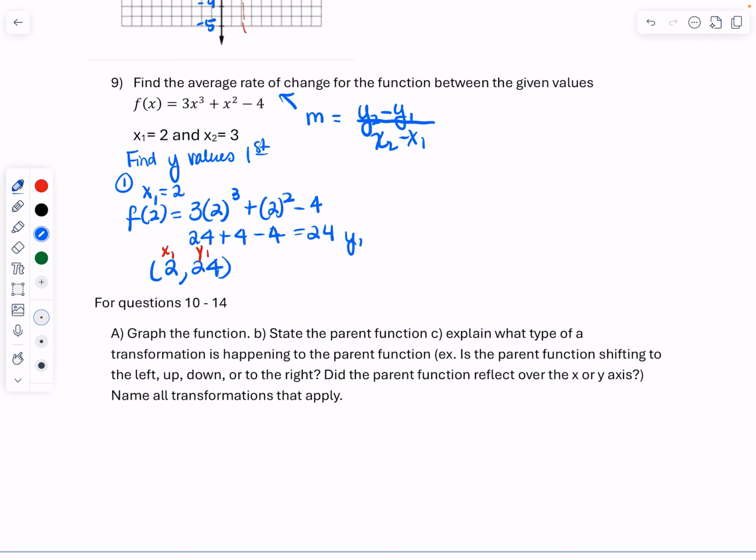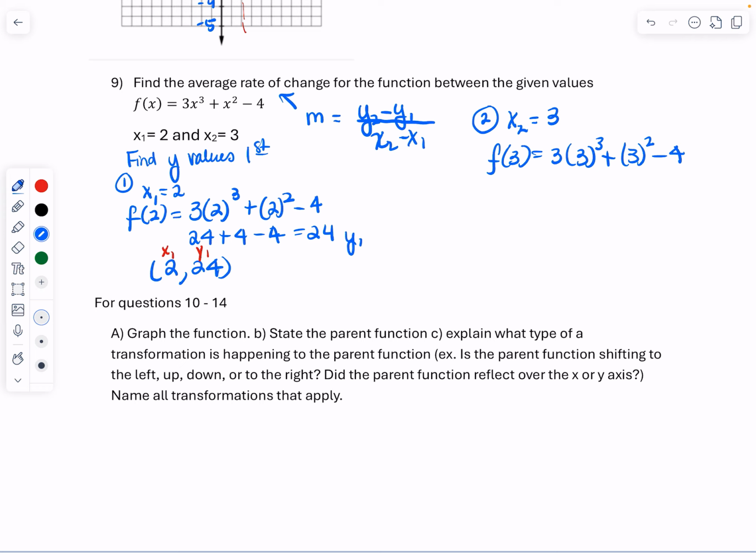Okay, the second point, x sub 2 equals 3. So plug that into the original function. So I'm going to find the function at 3. So 3 times 3 cubed plus 3 squared minus 4. Okay, 3 cubed is 3 times 3, which is 9. 9 times 3 is 27.